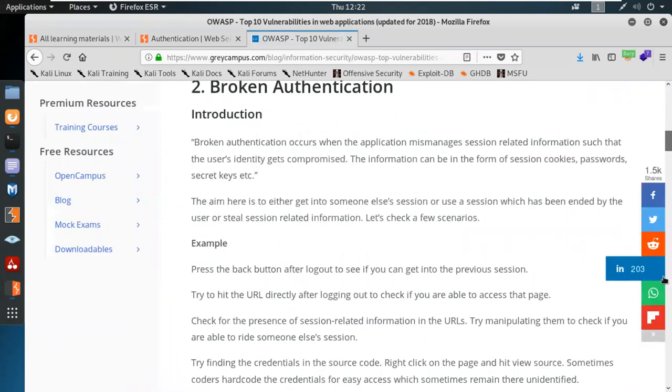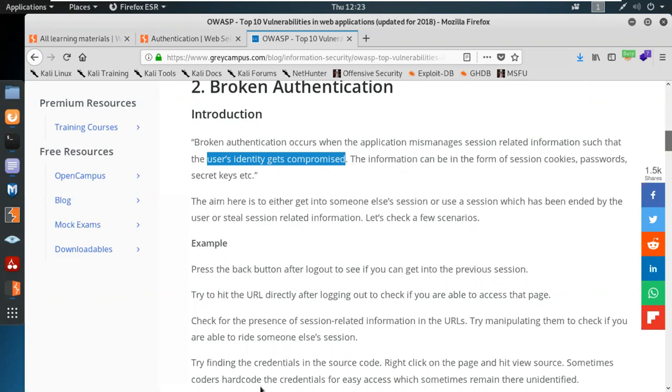On the screen you can see the definition: broken authentication occurs when the application mismanages session-related information such that the user identity gets compromised. The information can be in the form of session cookies, passwords, secret keys, etc. The aim here is to either get into someone else's session, use a session that has already ended by this user, or steal session-related information.